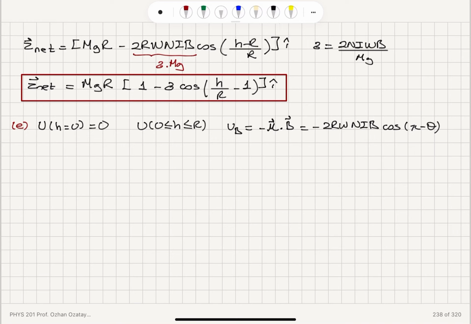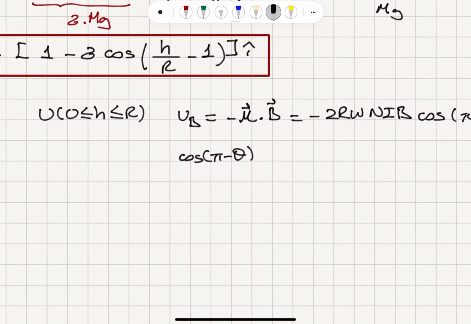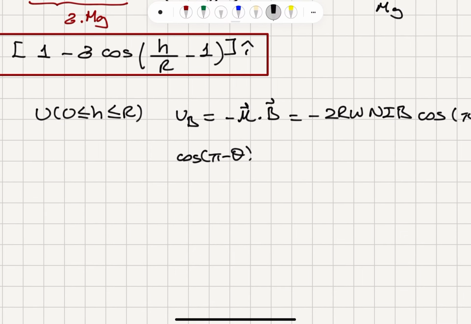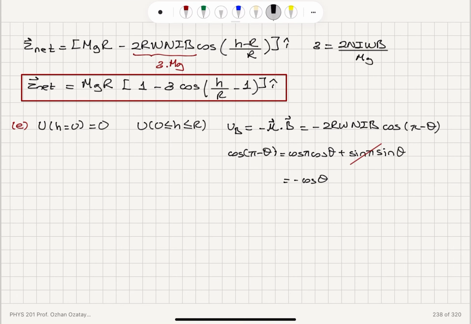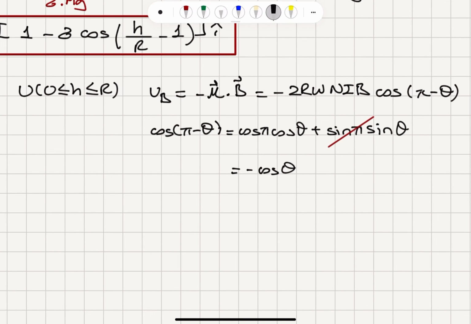And what is cosine of pi minus theta? Cosine of pi minus theta is cosine pi cosine theta plus sine pi sine theta, and sine pi is equal to 0. So cosine pi is minus 1, so this is minus cosine theta. That's the cosine of pi minus theta.